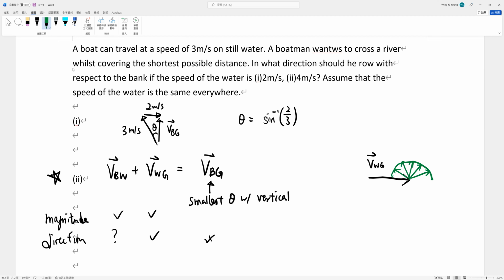Let me show you. The red arrows are the resultant velocities. Can you see it? By adding different green arrows, you get different red arrows at different directions.